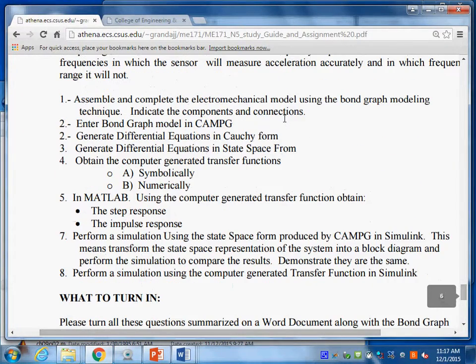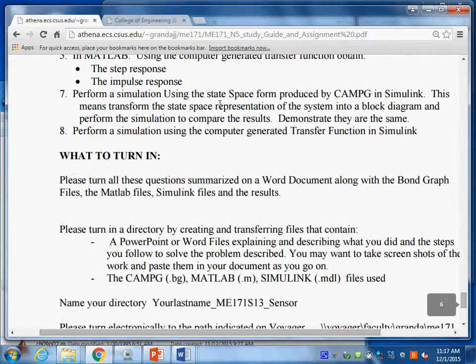So here's what you are to do. You need to assemble the whole electromechanical model, enter the bond graph model in CAMG, generate the differential equations in the Cauchy form, generate the differential equations in state space form, obtain the computer-generated transfer functions, which we're going to see a little later how they work, in symbolic form and also in numerical form, and then you're going to do a test with the step and impulse response.